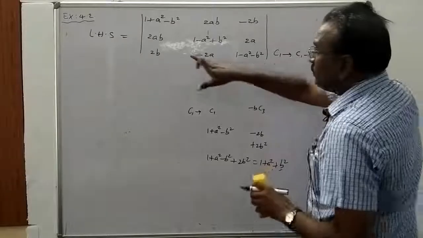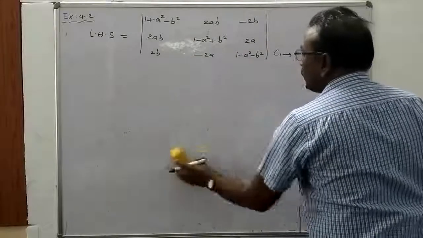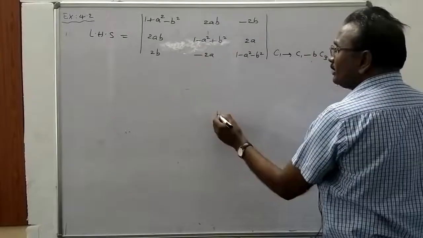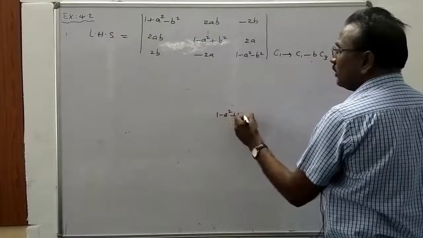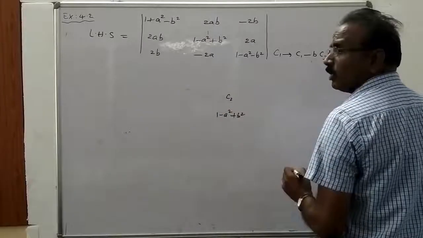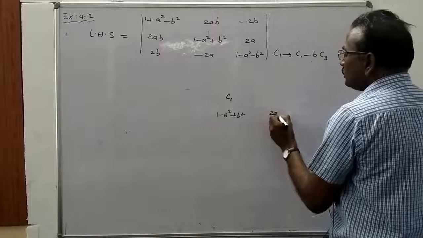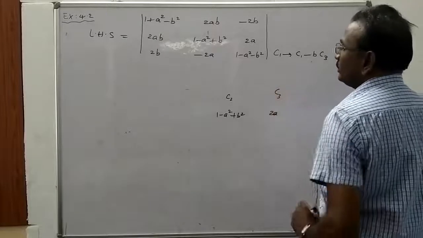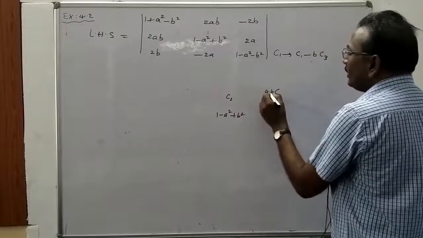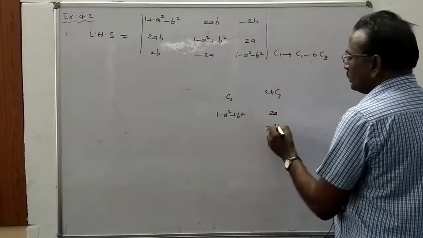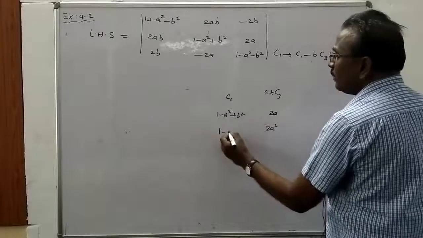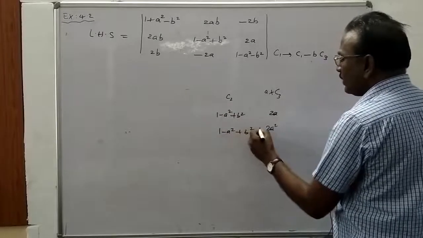And next observe the second row. 2ab, 1 minus a square plus b square, that is column 2 element. Here 2a is column 3 element. So therefore here suppose multiply column 3 element by a, so this becomes 2a square, 2a into a is 2a square. Add column 2 element, 1 minus a square plus b square plus 2a square.